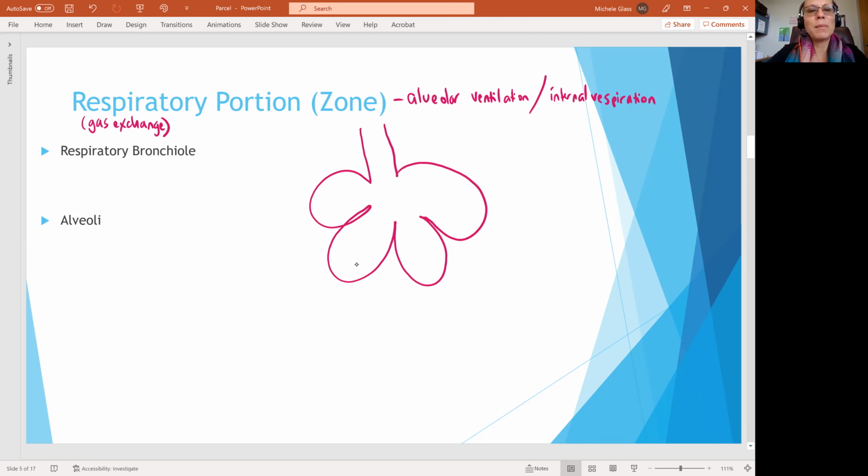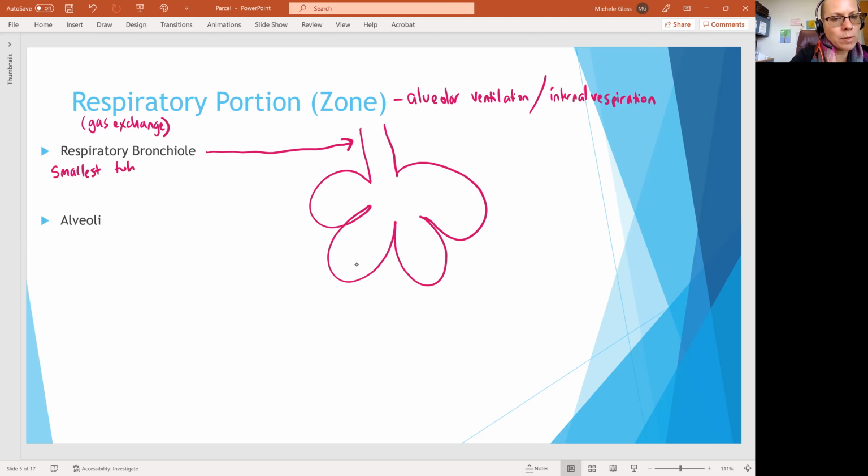Okay, so maybe like when you were a little kid and you drew a hand, and maybe you didn't even remember to get all 5 fingers there. And I'm drawing a picture that looks like that. So that's really funny. So our respiratory bronchiole would be the smallest bronchiole.